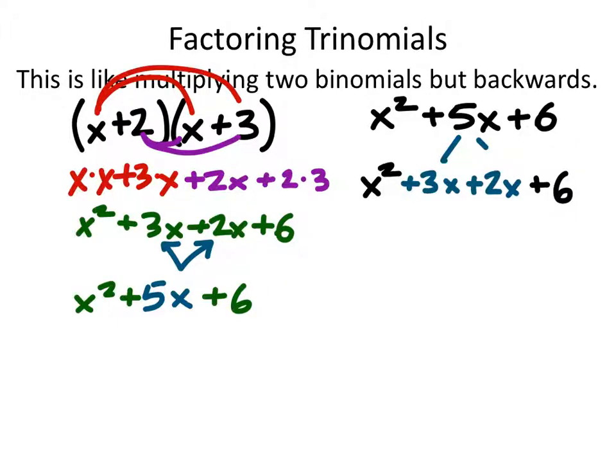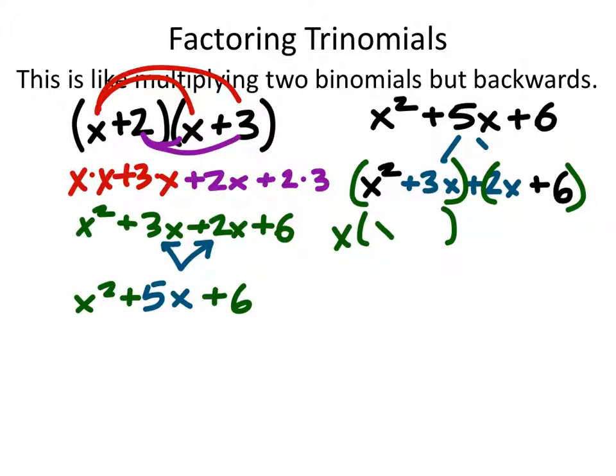Well, now I factor this. This is called factoring by grouping. I'm looking at two terms at a time, okay? And I'm looking for the greatest common factor for both. In this first set, and I'm not going to show the work for it, just for the sake of time, and this is just an example, I can factor out an x from the x squared and the 3x.